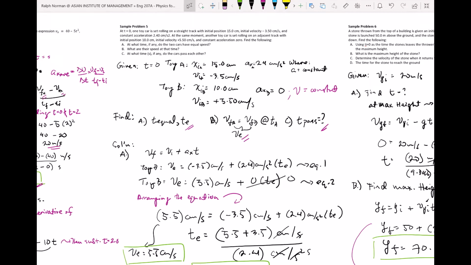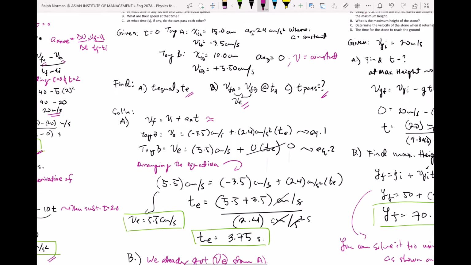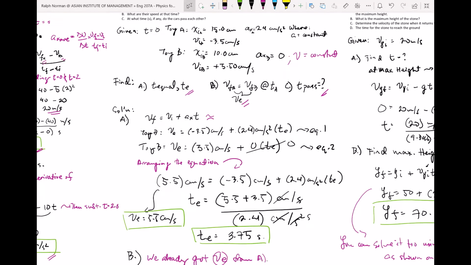So, we're dealing with toy A at constant acceleration, where we know that the formula is Vf equals Vi plus a times t. We substitute that, and that'll be our equation 1. Now for toy B, it's simply at constant velocity, but still we can use the same formula, Vf equals Vi plus a times t.